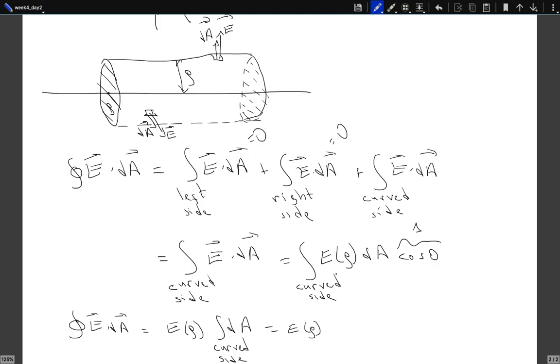Rho squared. Well, let me just give you one more number. This is L. The height of the cylinder is L. It's 2 pi rho times L.